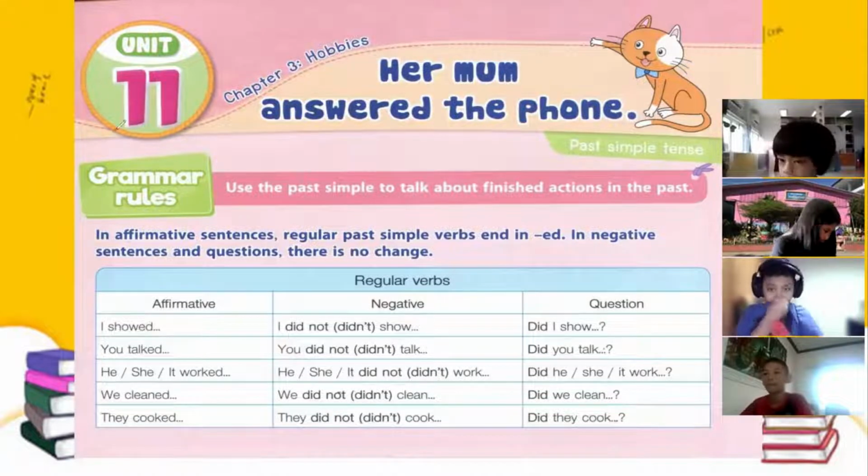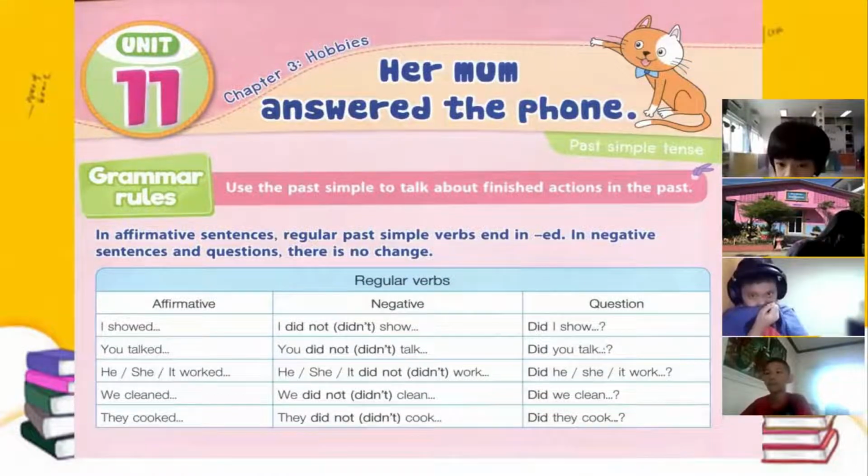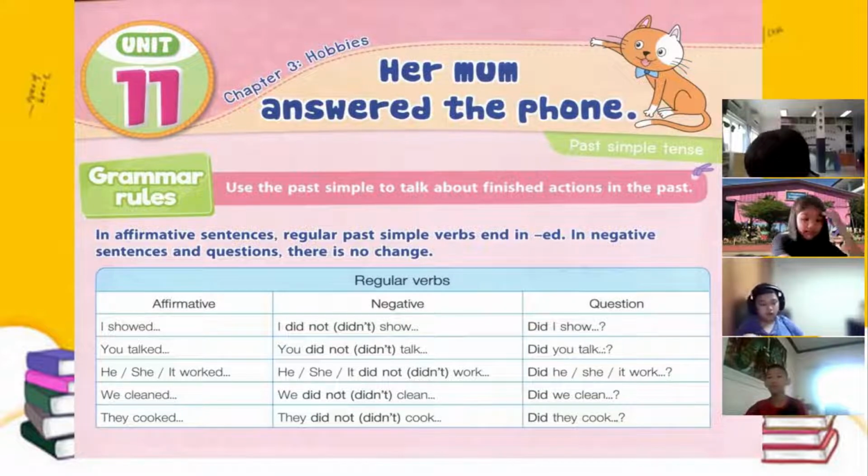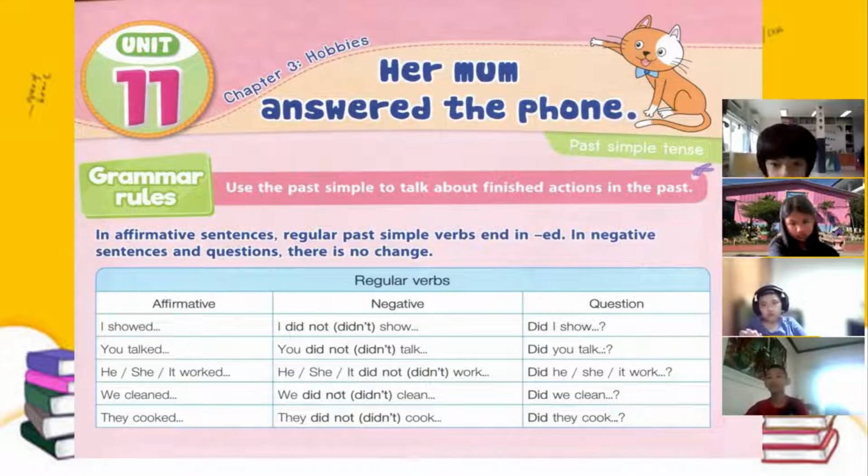So unit 11, her mom answered the phone. Past simple tense is used to talk about things that happened or existed before now, like it's already done.